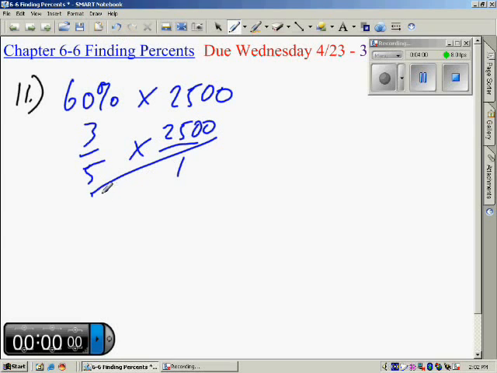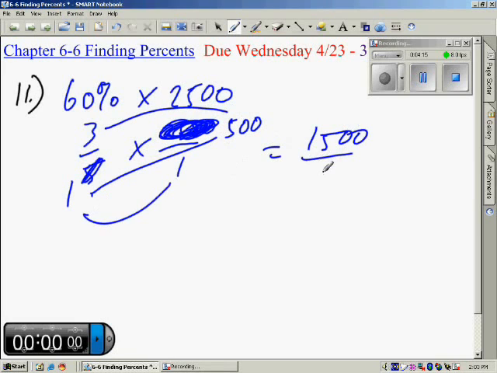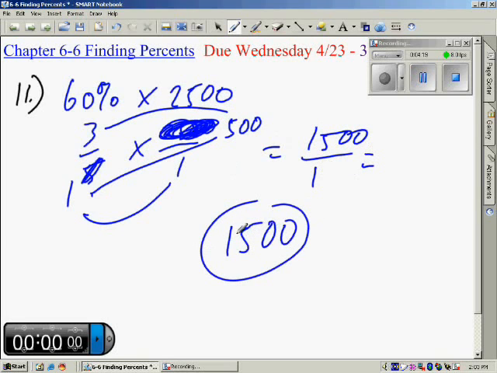We're going to simplify before we multiply. 5 divided by 5 is 1, and 2,500 divided by 5 happens to be 500. Okay, draw your arcs. 3 times 500 is 1,500. 1 times 1 is 1, so your answer is 1,500.